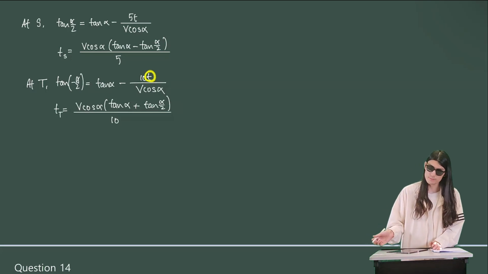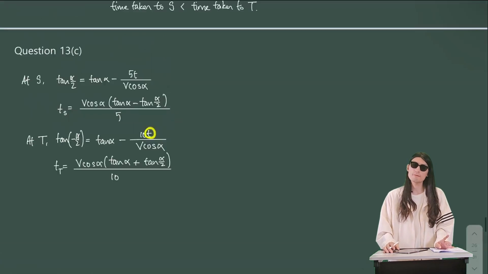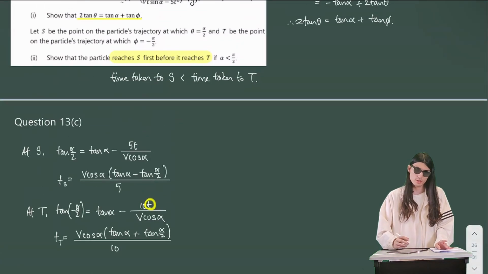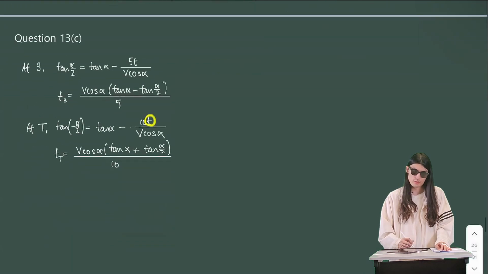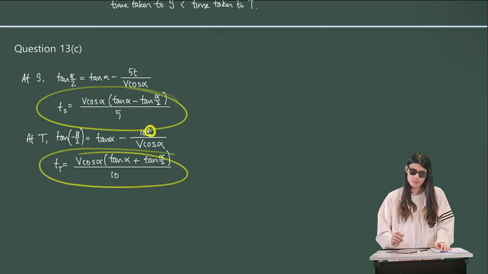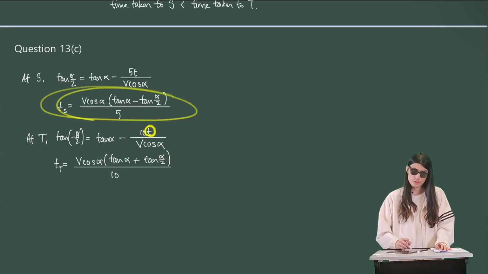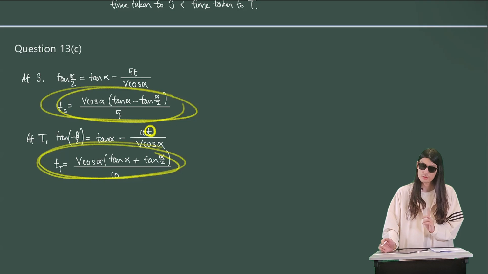Okay? And what we need to show in the question is if alpha is less than pi on 3, okay, we then need to show that this expression is less than this expression. Okay? Sorry, this one less than this one if alpha is less than pi on 3. That's what we essentially have to show.